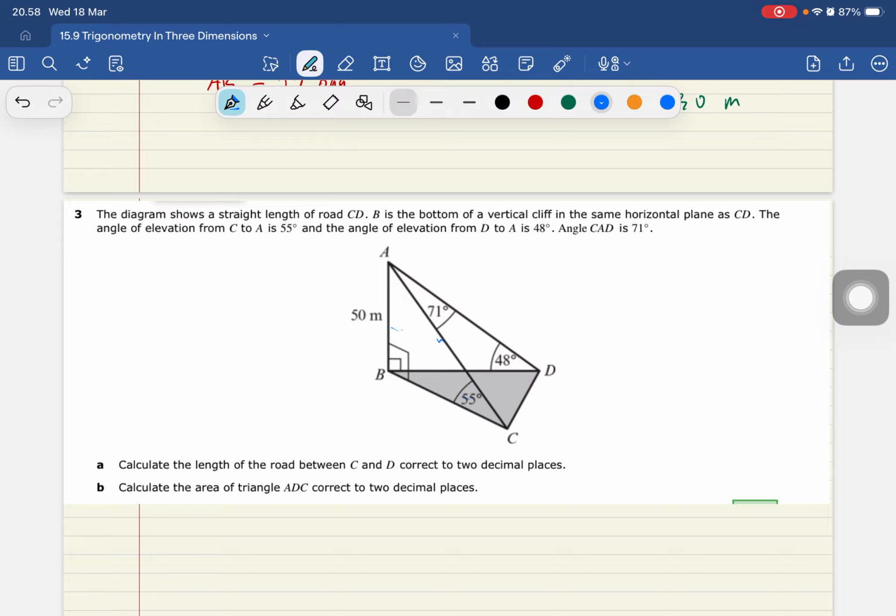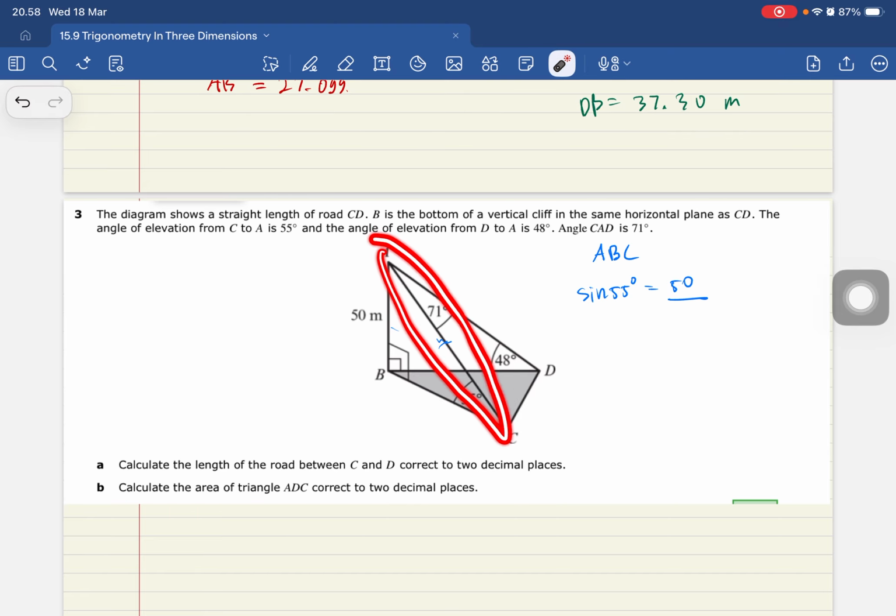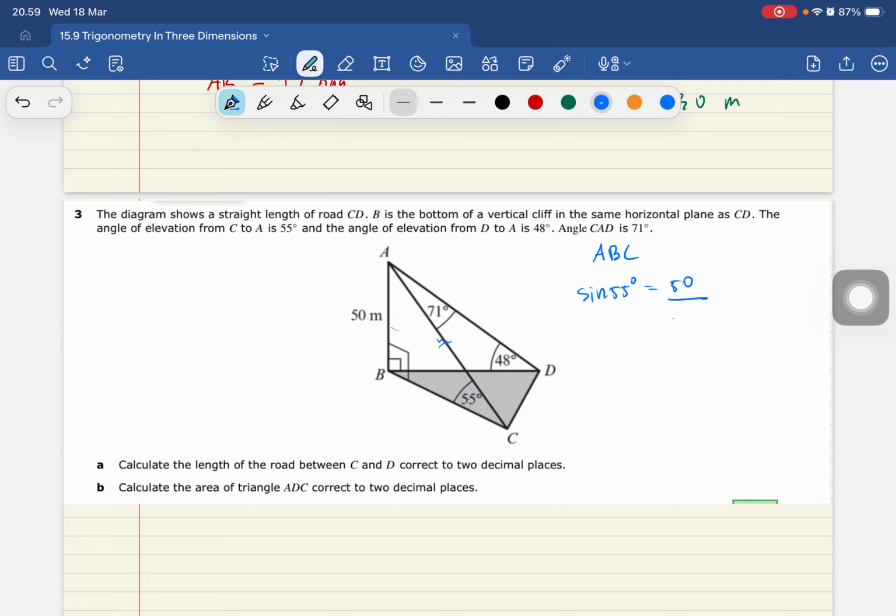The first triangle here is triangle ABC. So sin 55 degrees equals the opposite, 50, divided by the hypotenuse, this line, which is AC. So AC equals 50 divided by sin 55 degrees.